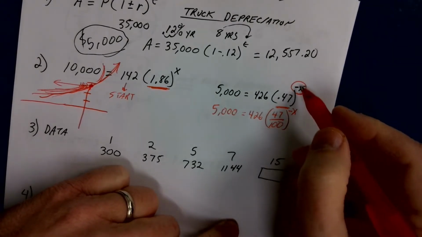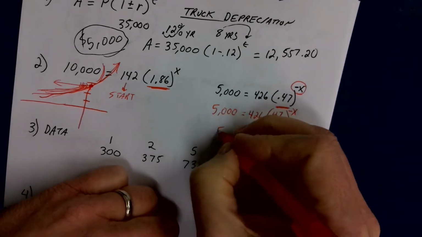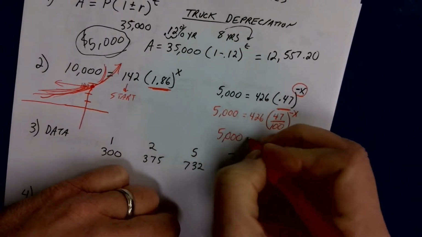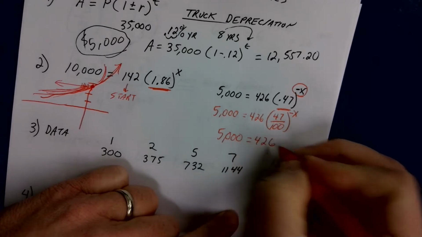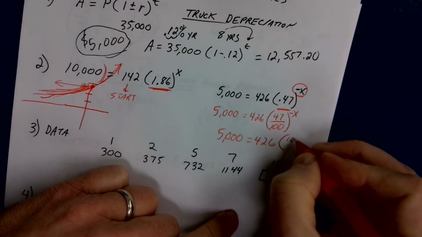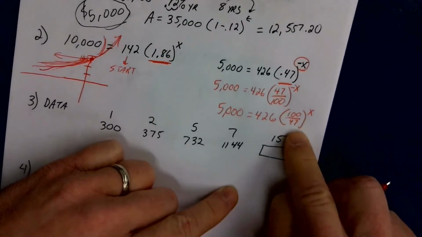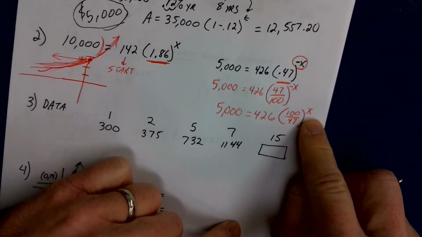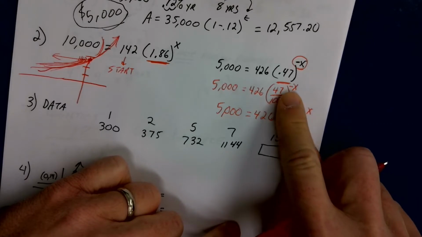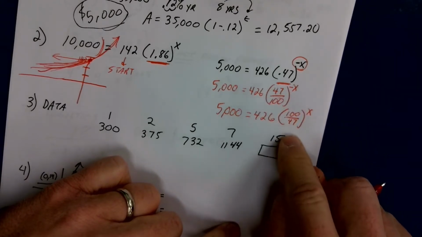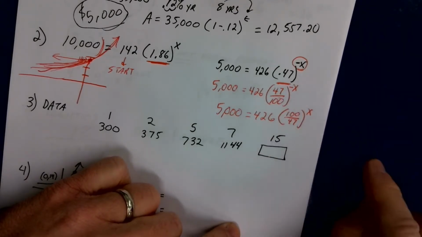Now, because that exponent was negative, it's really the same thing as writing the reciprocal of that fraction to a positive x. So again, a negative exponent of 47 hundredths equals a positive exponent of 100 over 47.